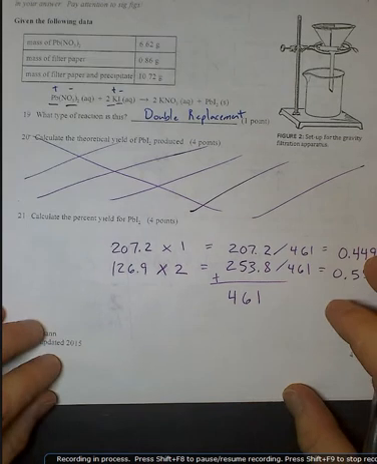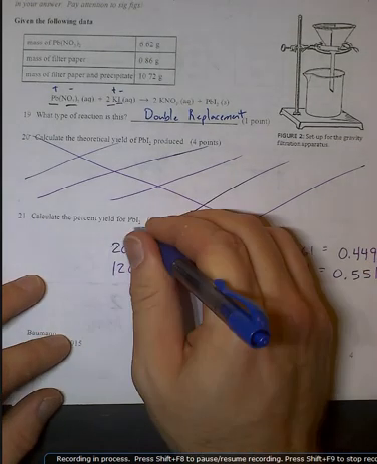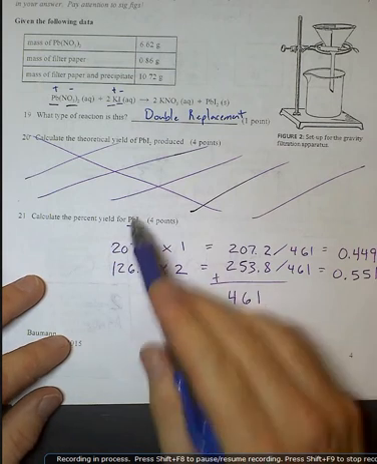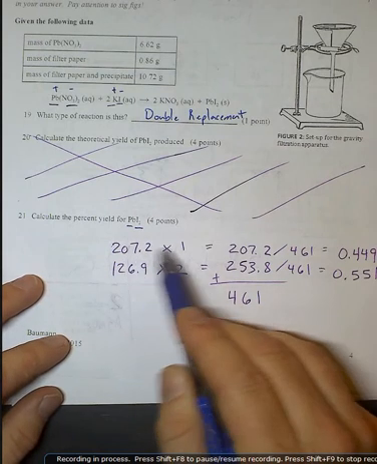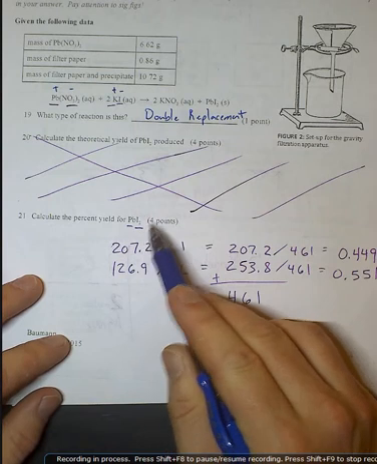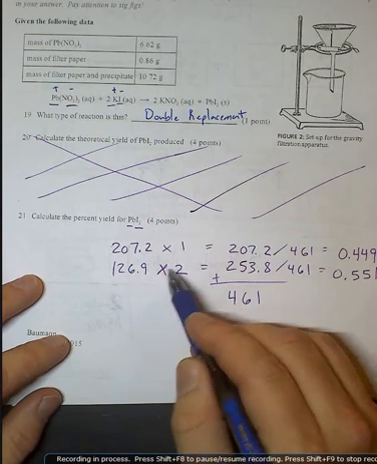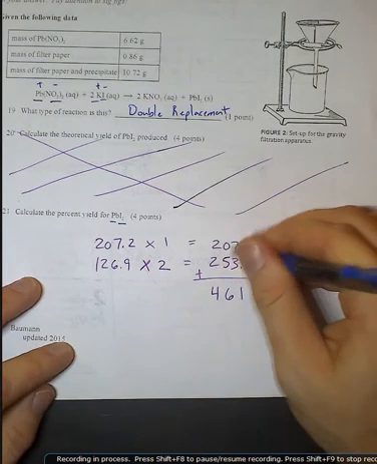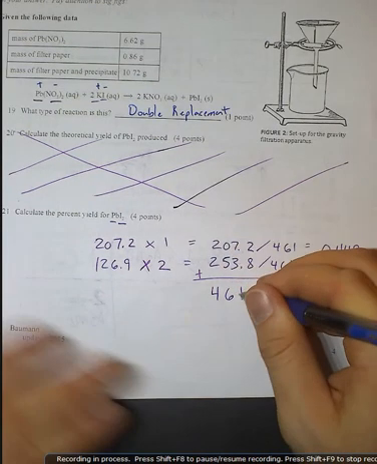Calculate the percent yield for lead iodide. Okay? The weight of lead is 207.2, and there is 1 of those. The weight of iodine is 126.9. There are 2 of those. So here are our 2 weights. If we add them up, the total is 461. Okay?